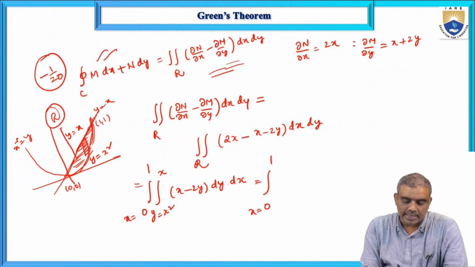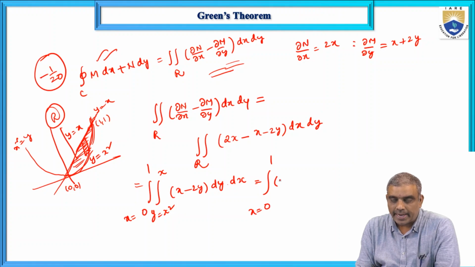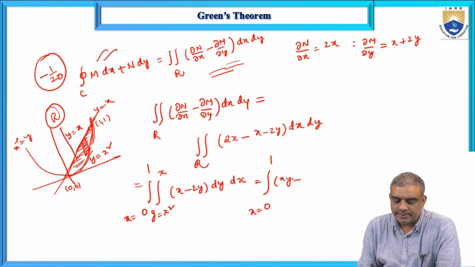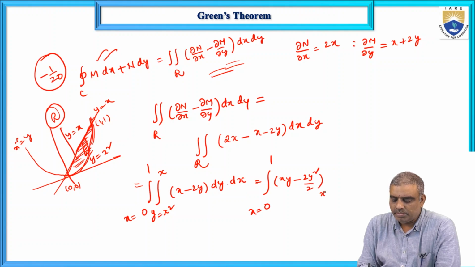First y integration means it is along the strip. Along the strip means the limits will become x square to x. Those limits are written in the first integral, and the second integral is a constant limit from 0 to 1. So now on integrating with respect to y, x integration gives xy, 2y integration gives 2y square by 2, between x square and x, dx.